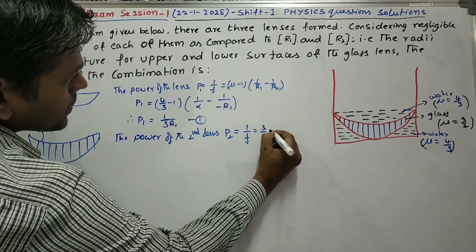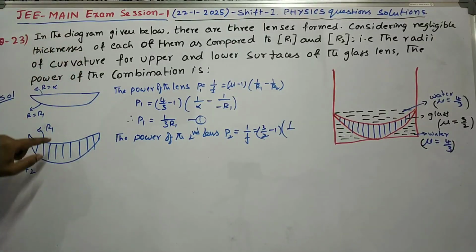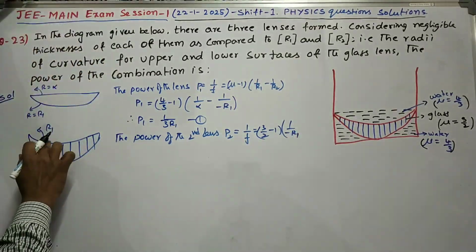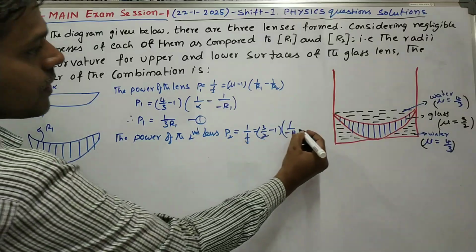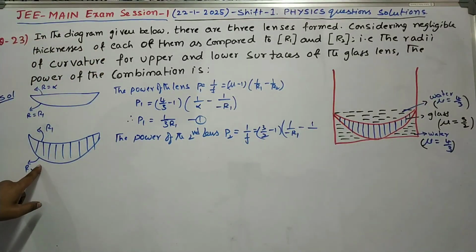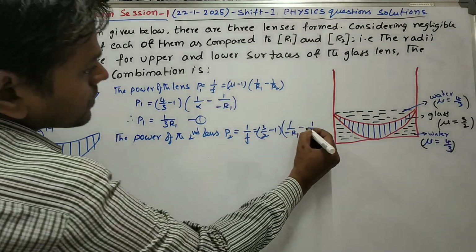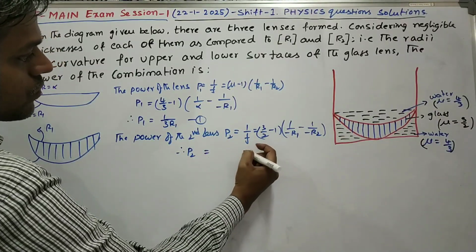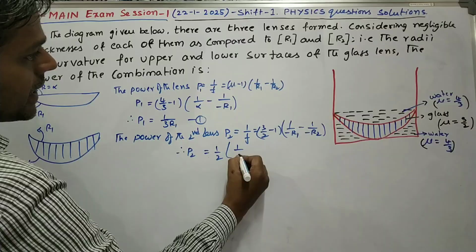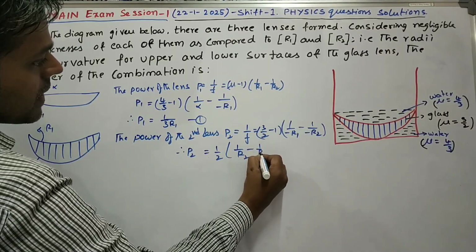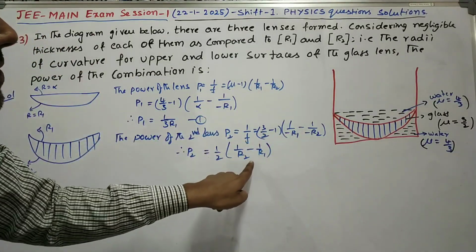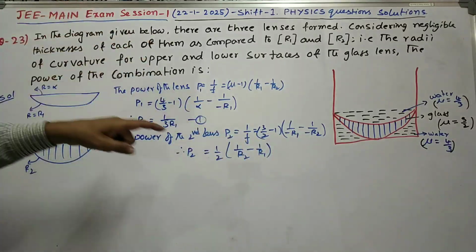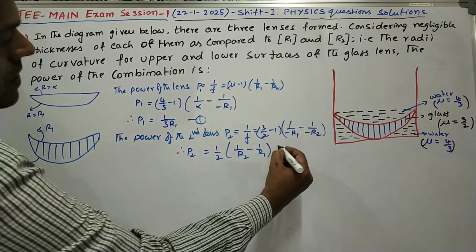That means 3 by 2 minus 1 into 1 by R1, that means 1 by minus R1, which is also below the reference axis. So 1 by R1 minus 1 by R2, it is also below the reference line, so according to sign convention it is minus R2. Therefore, P2 is equal to 3 minus 2, that means 1 by 2 of 1 by R2 minus 1 by R1. So minus minus plus, it is brought first, then R1 is taken next, minus 1 by R1. So this is 2.